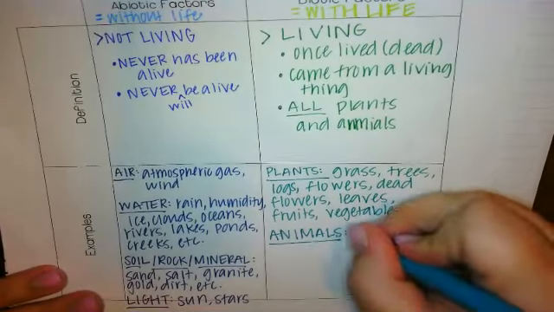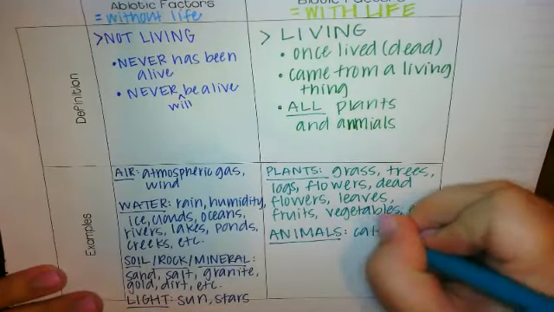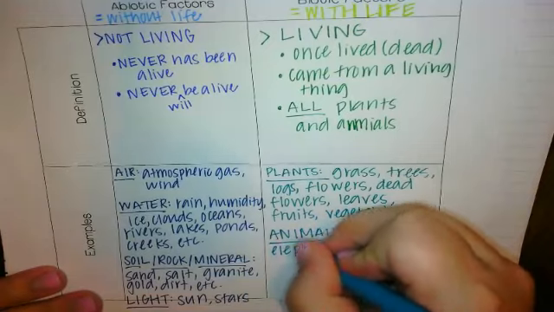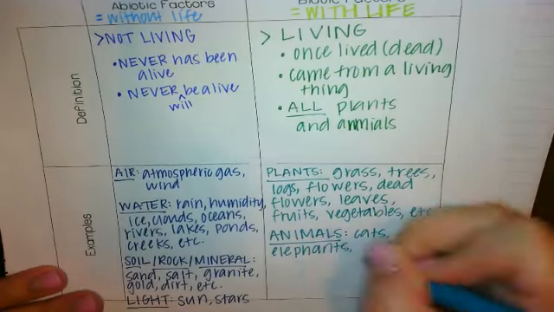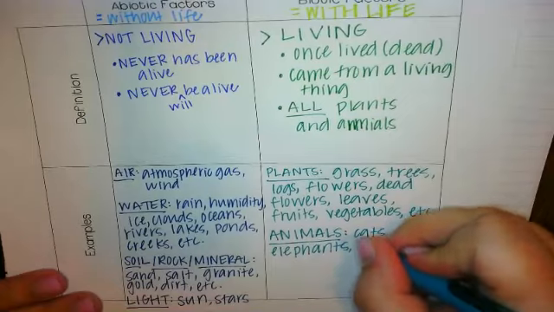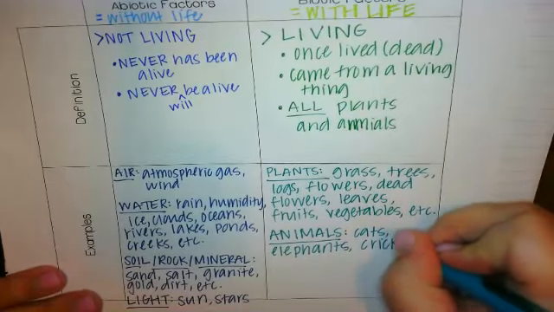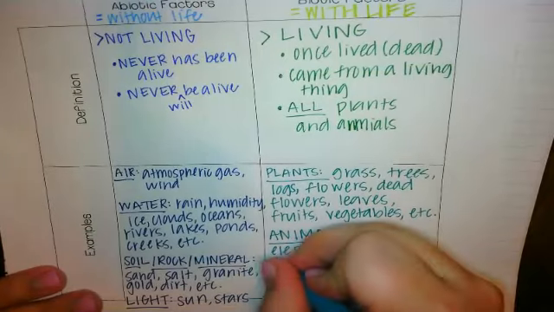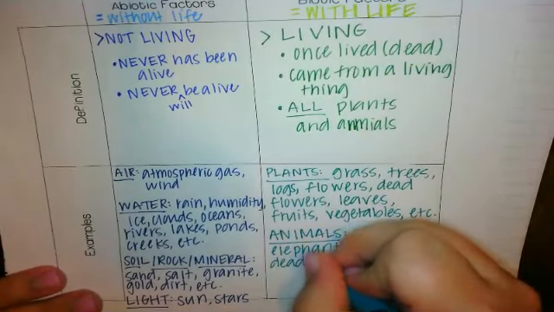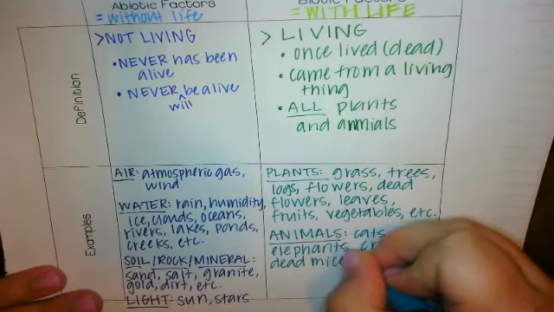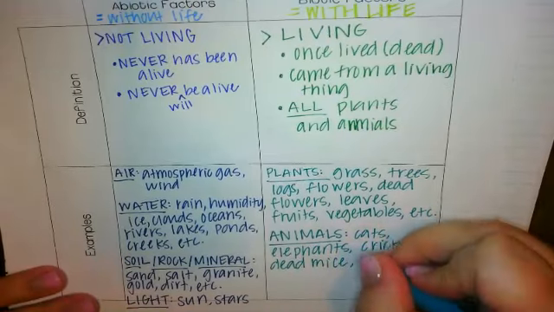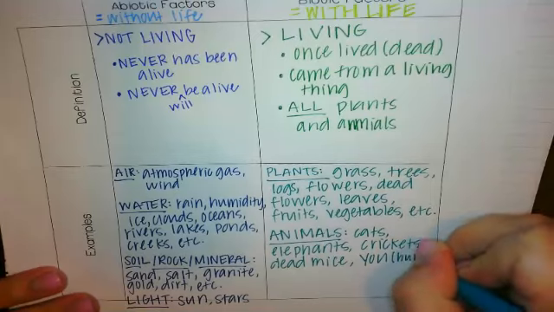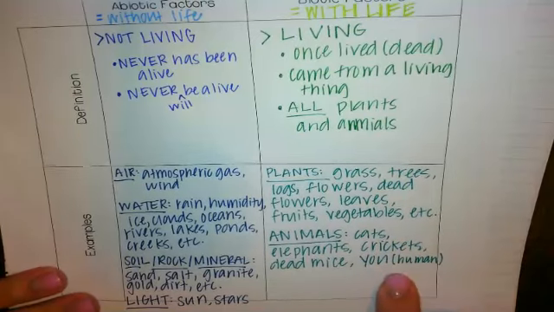Y'all already know I'm going to start with cats, elephants, crickets, even though they're insects, dead mice, you, which you should note means you're a human being.